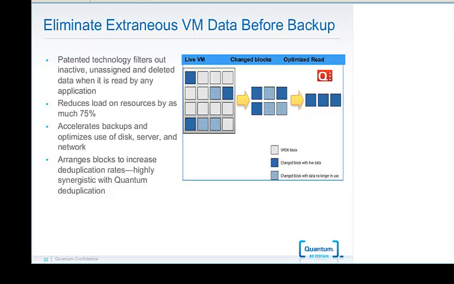Well, that sounds like it is efficient, and in many ways it is. There is an extra level of efficiency to be gained by using knowledge of the virtual machine itself. And that is where VM Pro has a unique patented technology that allows us to actually look inside of the virtual machine, say the Windows operating system of the guest virtual machine, and do a comparison of what VMware is reporting back as change blocks versus what the Windows operating system inside that VM thinks it is actually using as far as blocks are concerned.